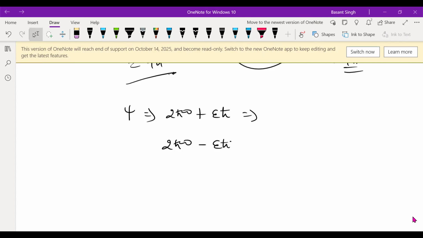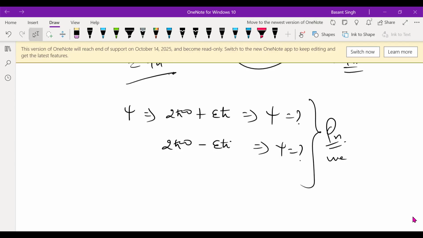So, what are the wave functions for these states? This is our question, and that we will see in the next video, that is video number 8.